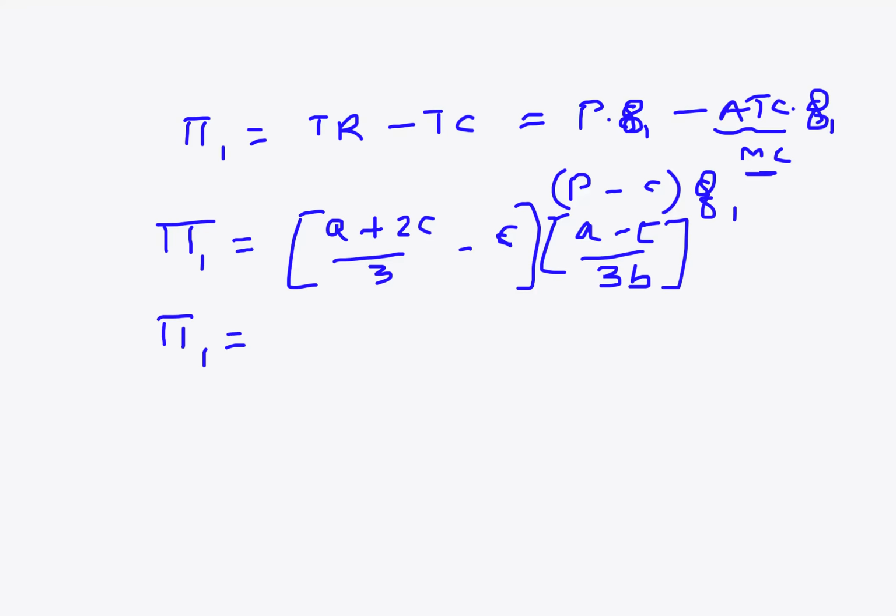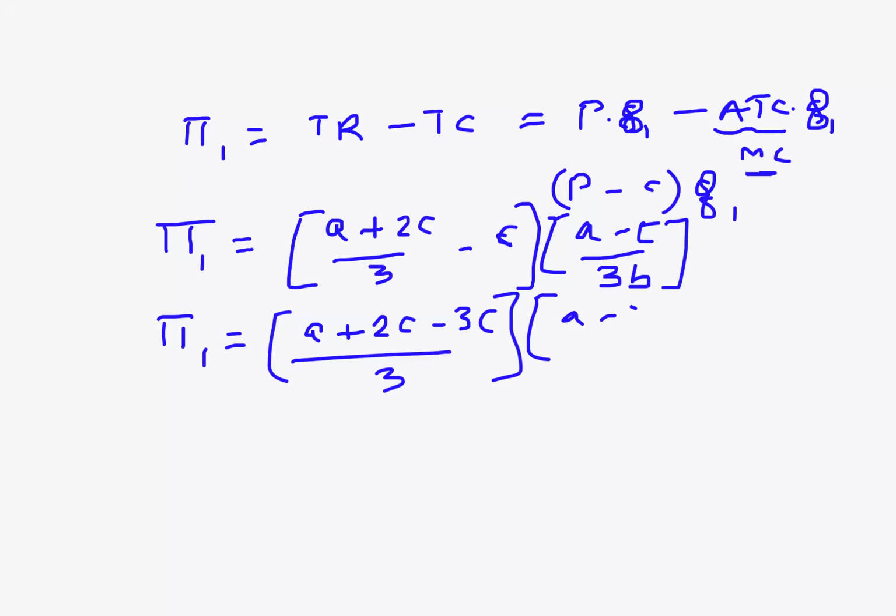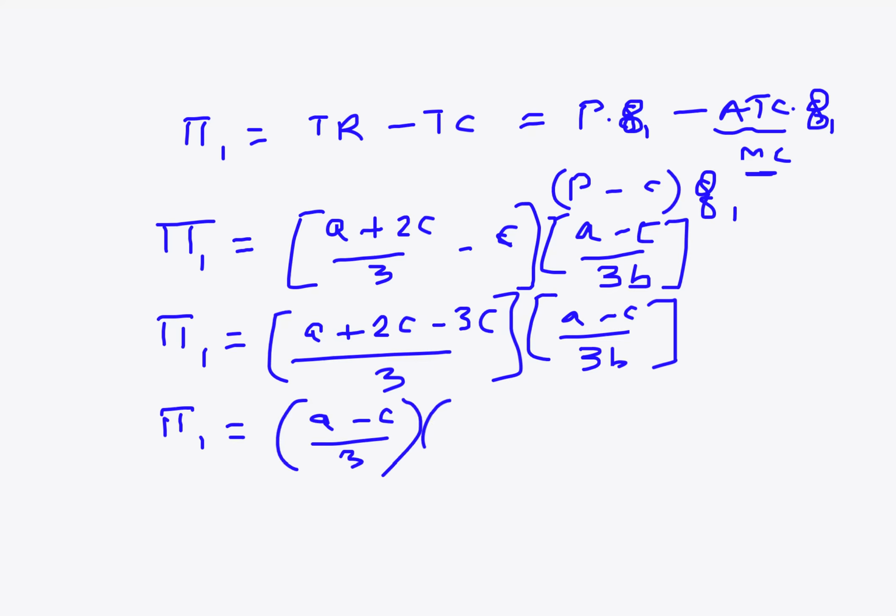So we have (A + 2C − 3C) over 3, and then (A − C) over 3B. So A plus 2C minus 3C gives you (A − C) over 3. And over here you have (A − C) over 3B.